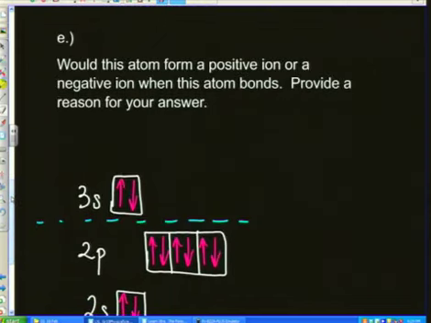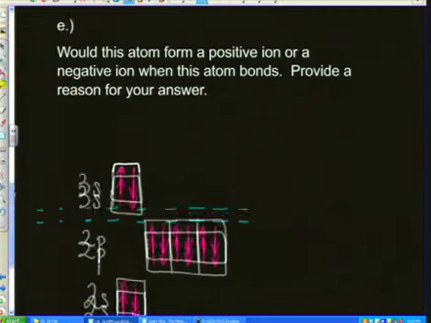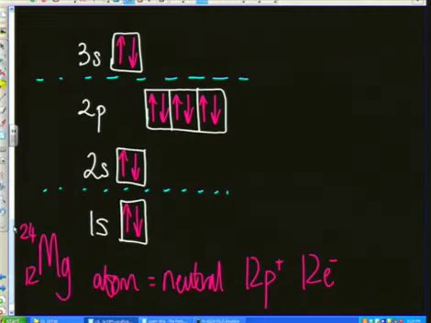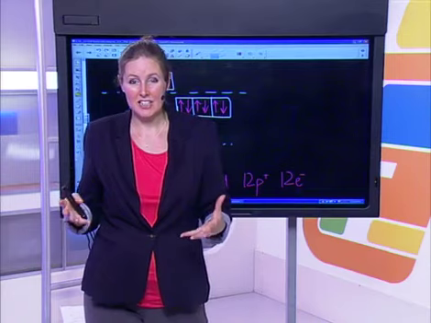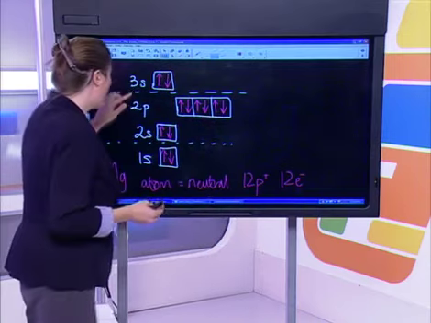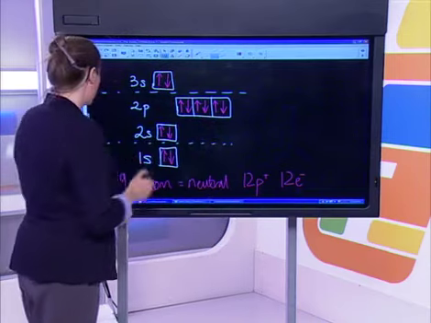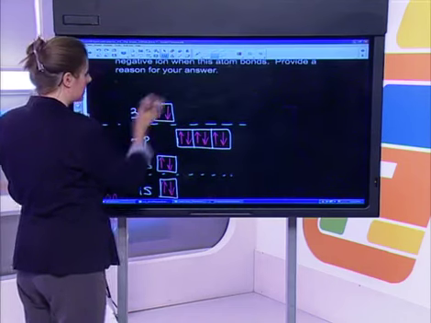Would this atom form a positive ion or a negative ion when this atom bonds? Provide a reason for your answer. So that's going to come back to looking at this structure. And remember, when atoms bond, they always want to have a filled outer energy level. So one option is to fill up, and I took it away, but I shouldn't have.